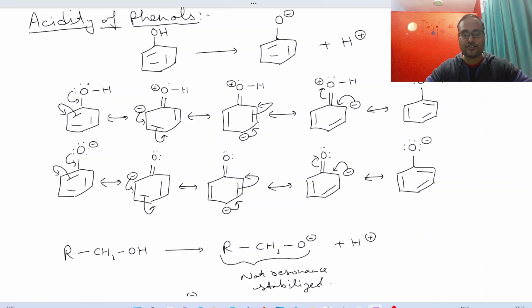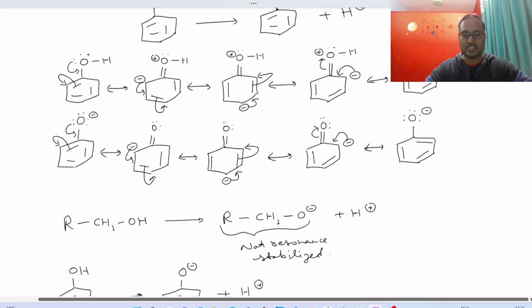The positive charge comes in three of the structures on the more electronegative oxygen atom, and the negative charge is delocalized on the less electronegative carbon atom, making phenol less stable as compared to the phenoxide ion, in which the negative charge is delocalized on the more electronegative oxygen atom in two of the structures and the less electronegative carbon atom in three structures, and there is no charge separation.